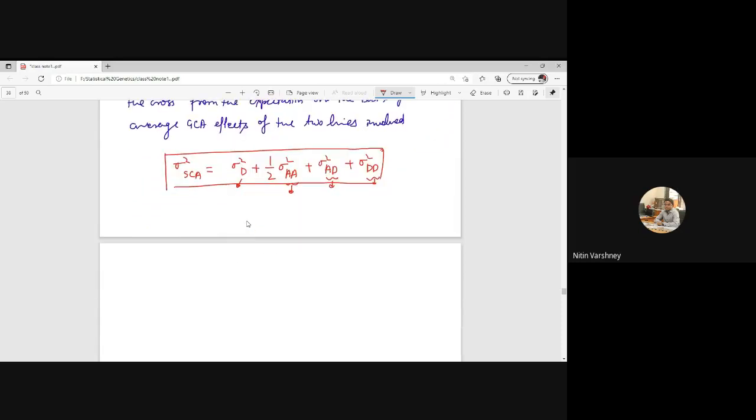Now if we see the relation between GCA and SCA into the variance, after calculation we will get sigma square G is equal to 2 sigma square GCA plus sigma square SCA.